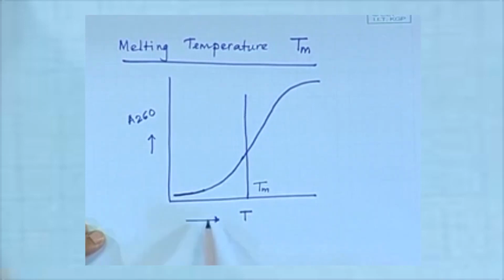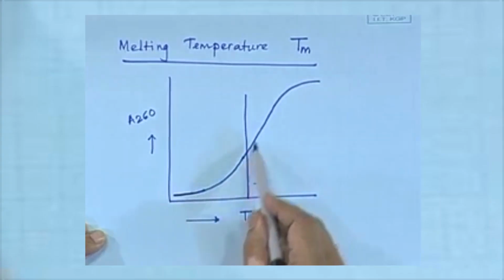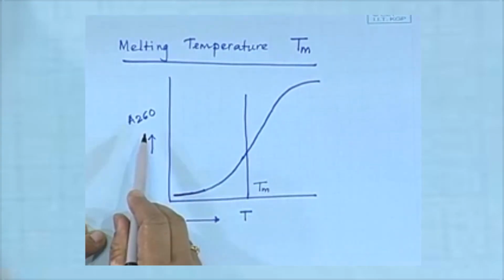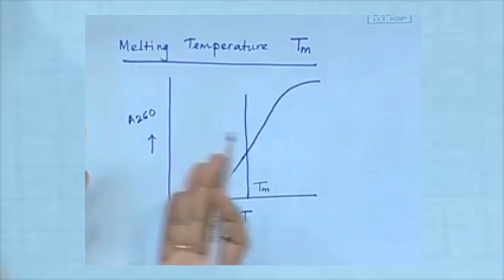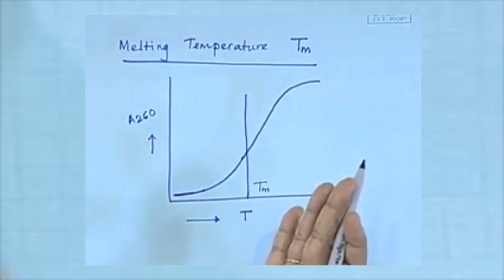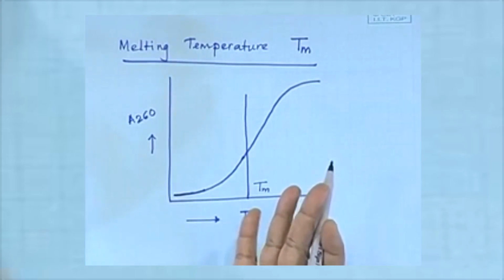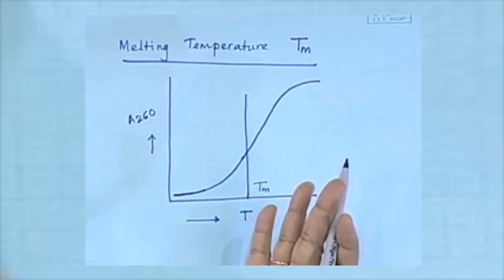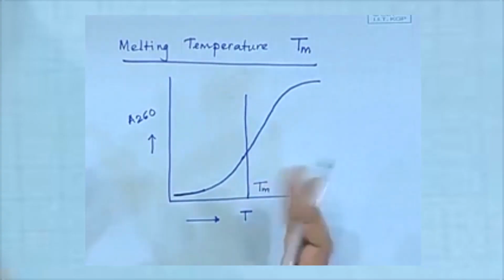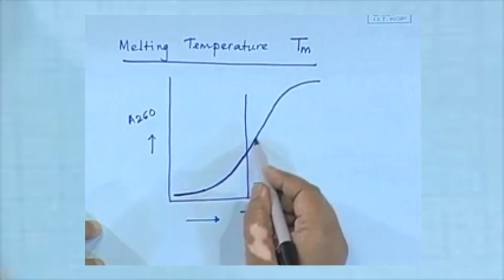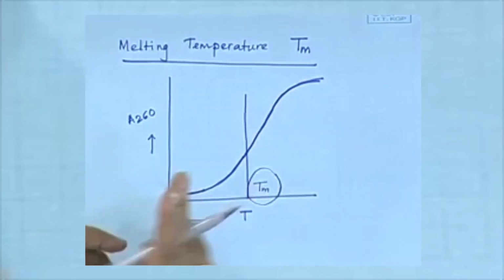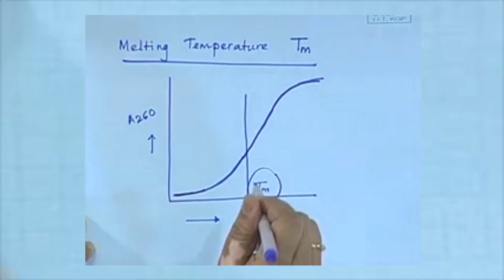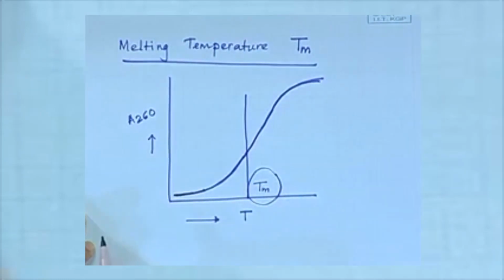So, what is now done is we are increasing the temperature and monitoring the absorbance at 260. We know that the strands are being separated, because the hydrogen bonds are being disrupted between the bases. You are disrupting the structure, you have this increase. The midpoint of this is the Tm. What we are going to look at is factors that are going to affect the Tm.